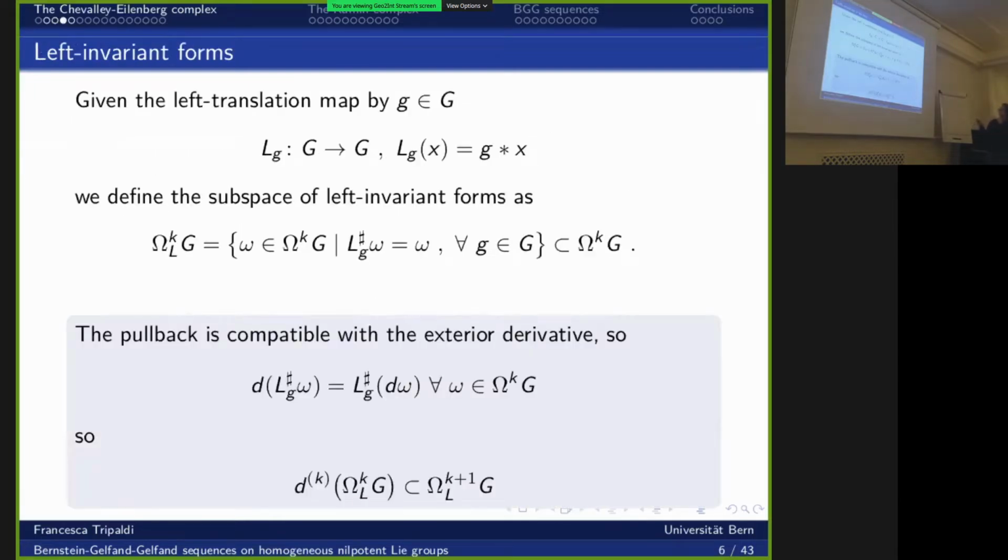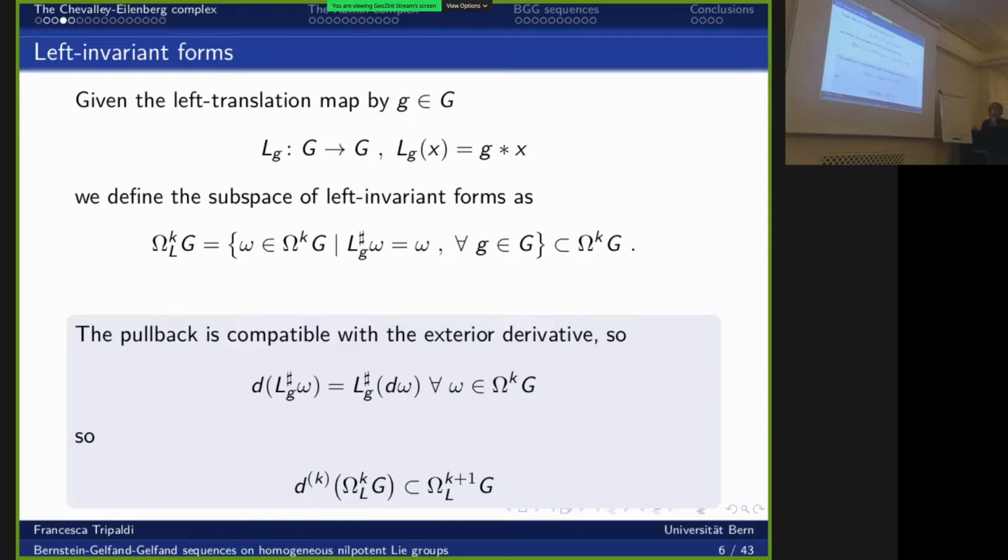I think this was mentioned in the previous talk as well. In a Lie group we have a product, and I don't really know why, but we like left translations more than right translations. So we define the left translation map, and then we can define the subspace of what are known as left invariant forms. Those are the differential forms that stay the same when you pull back through the left translation.